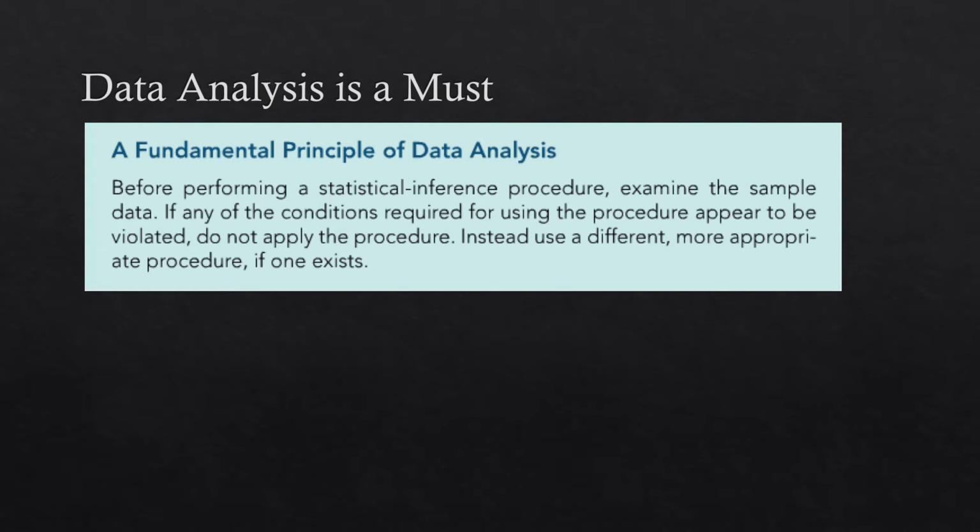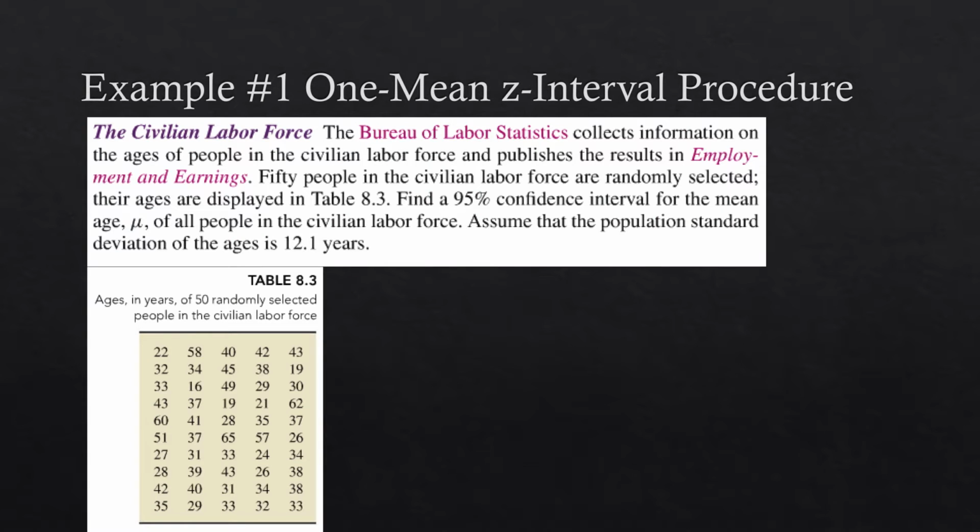All right, so for example, the Bureau of Labor Statistics collects information on the ages of people in the civilian labor force and publishes the results in Employment and Earnings. 50 people in the civilian labor force are randomly selected. 50. So what does that automatically tell us?